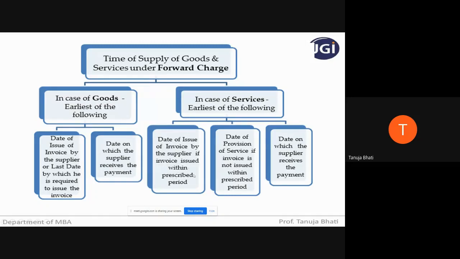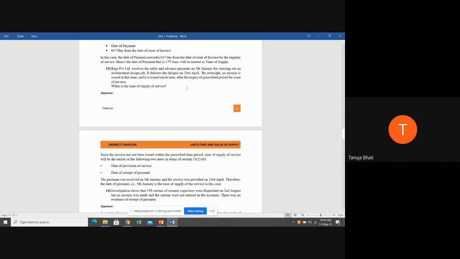Since it is not issued within the prescribed period, you have to apply this particular provision under clause B, which says that date of provision of service or date of payment, whichever is earlier, will be your time of supply. So students, is problem number 13 clear? Yes, ma'am. Okay, let us move ahead to problem number 14.